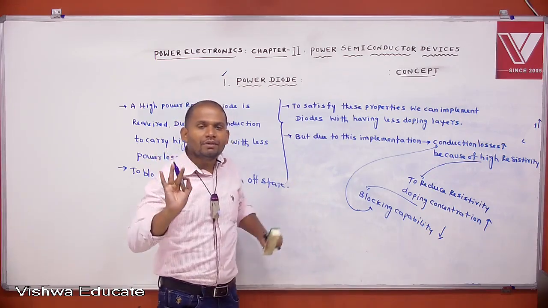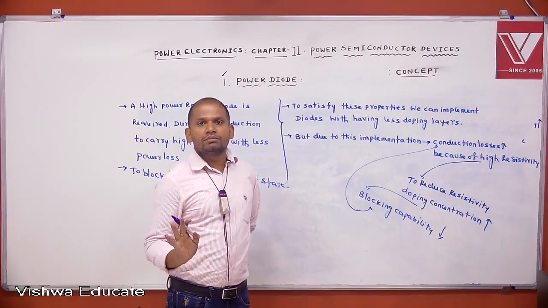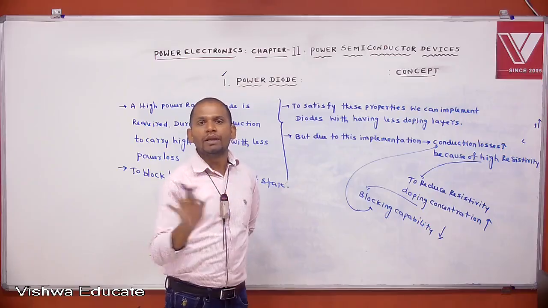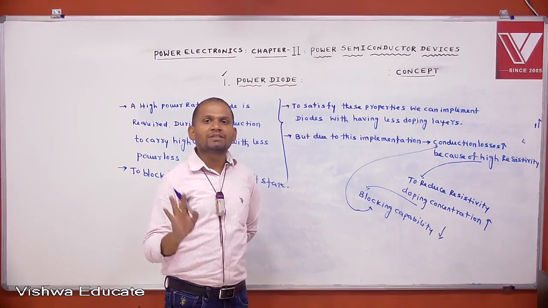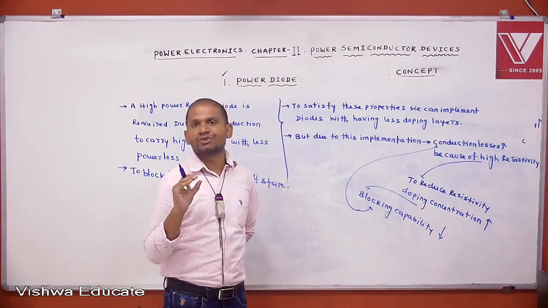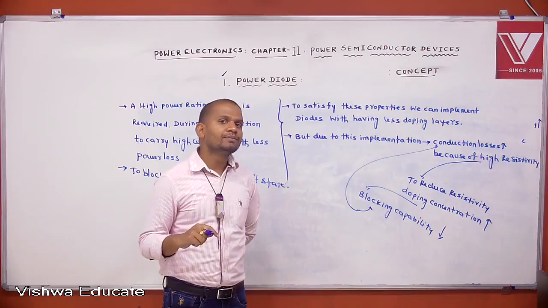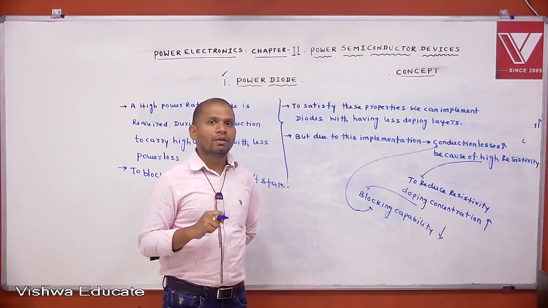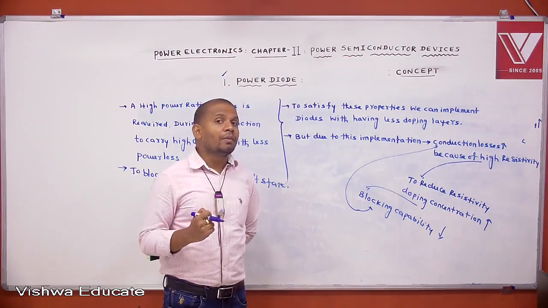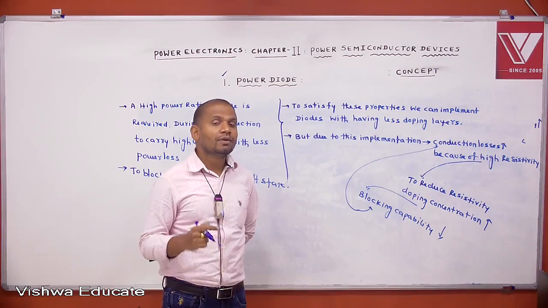One way to implement power diodes is using lightly doped layers, but lightly doped layers offer high resistivity, so conduction losses increase.